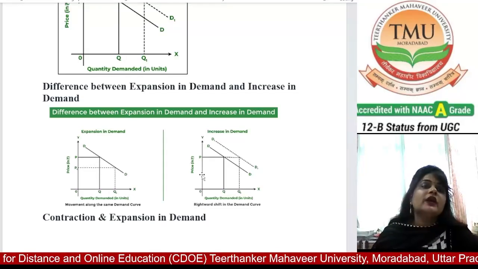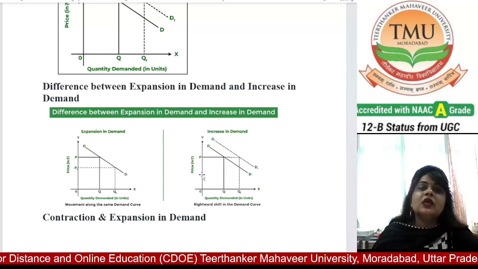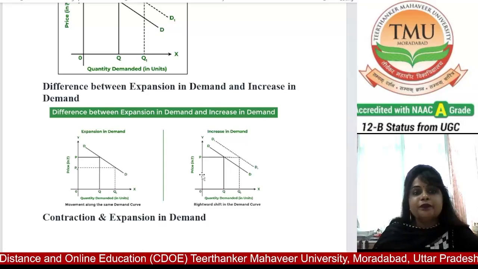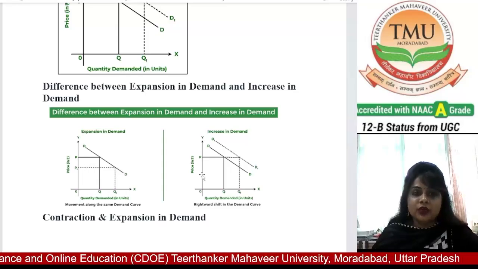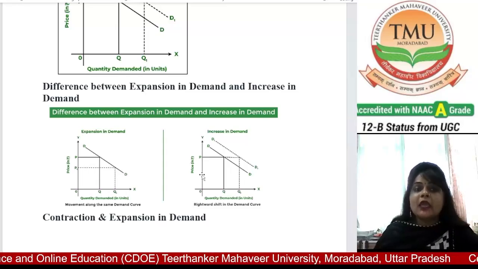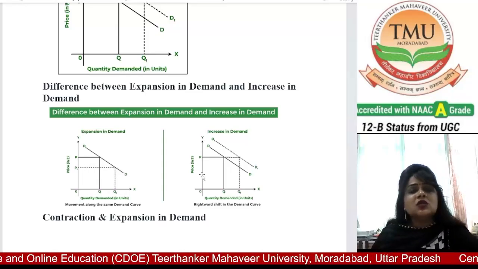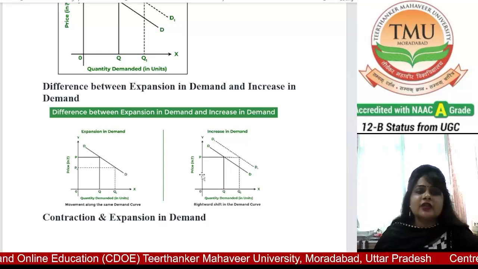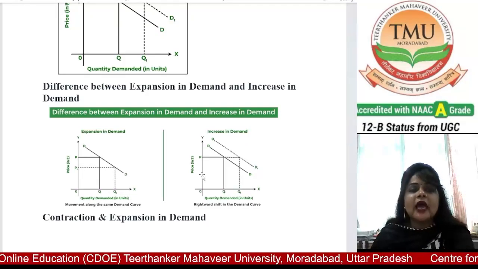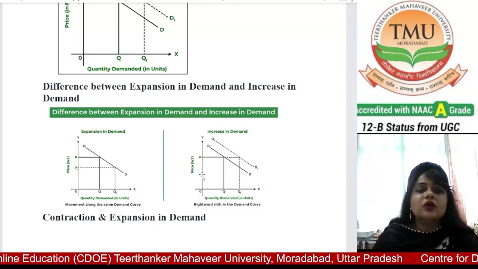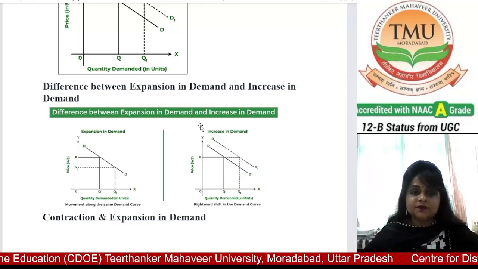Now, I will also give you an example of increase in demand. If the demand of a commodity X rises from 200 units to 270 units at the same price of 15, because of changes in other factors like an increase in the price of substitute goods, then it is a case of increase in demand.